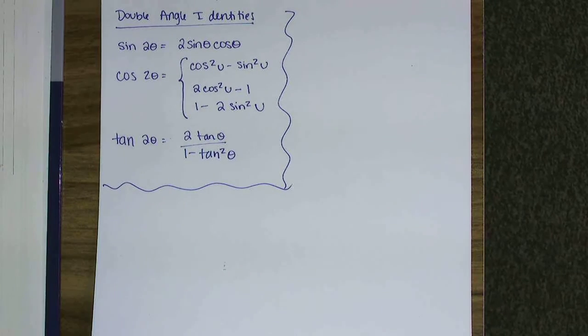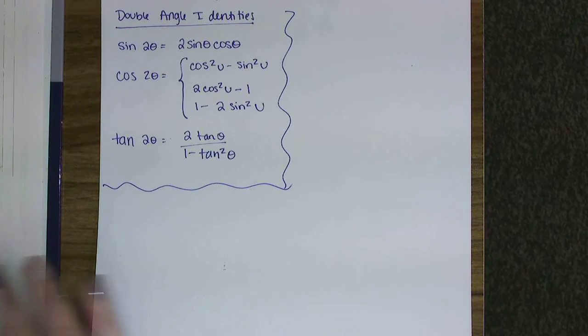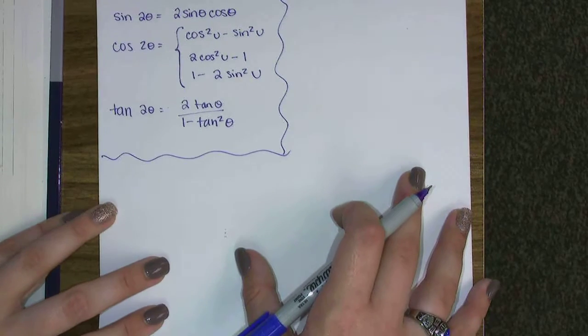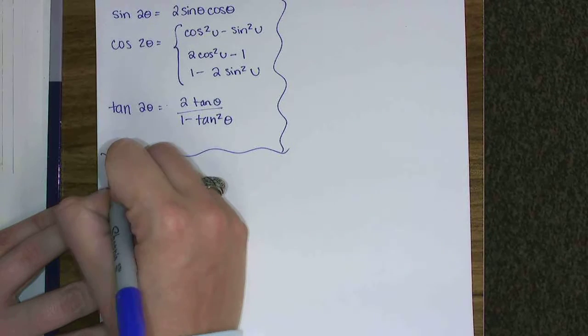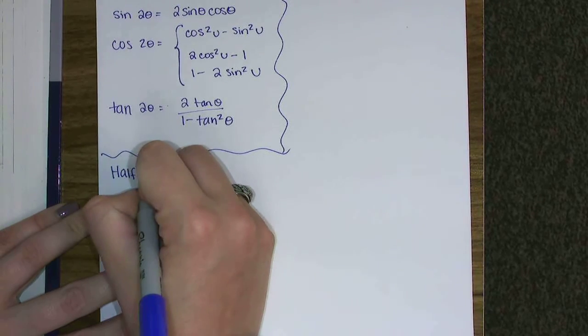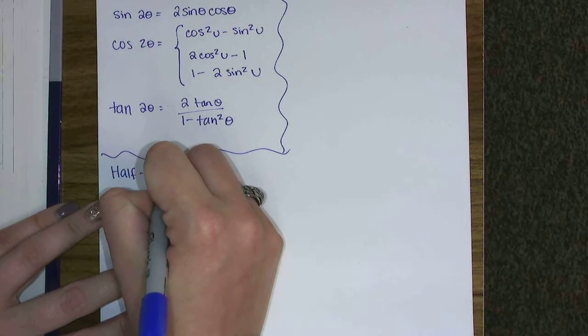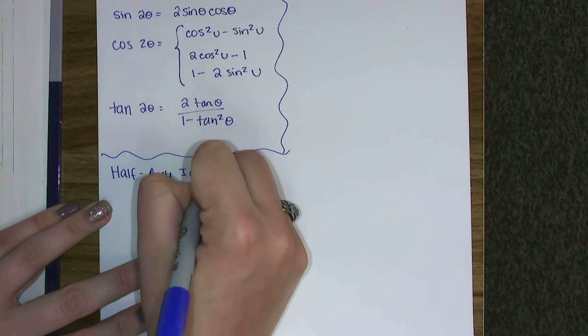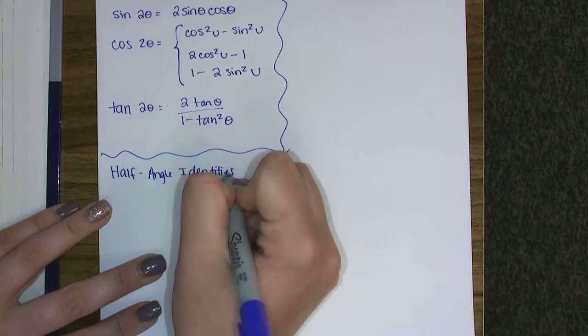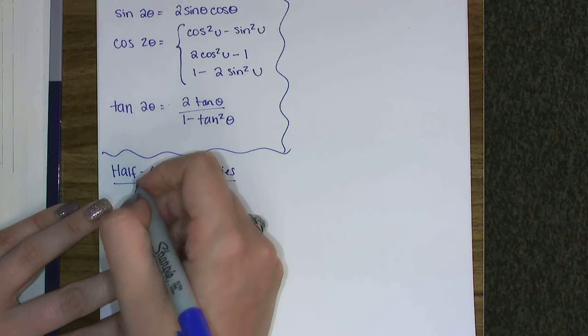And we have some half angle identities next. Again, we have 5 of them.